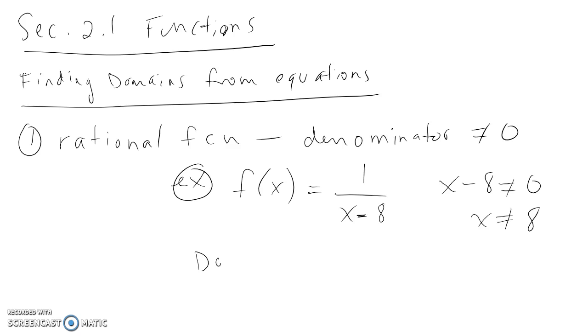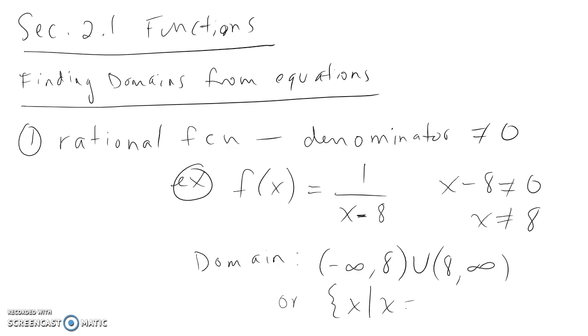So the domain of this rational function will be negative infinity to 8 union 8 to infinity. Notice I did not include 8. Or another way to say it would be all x such that x does not equal 8.